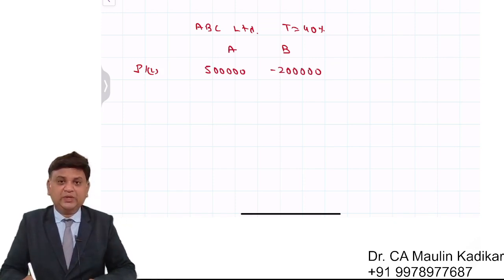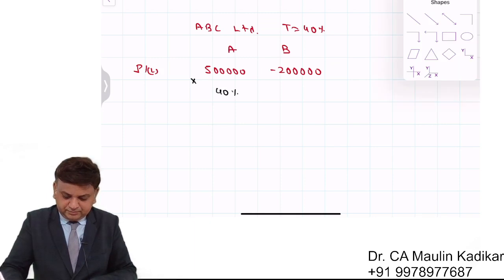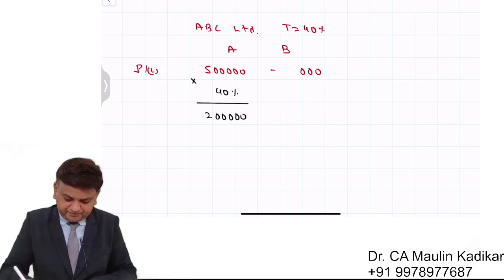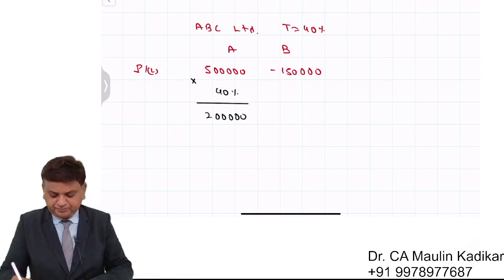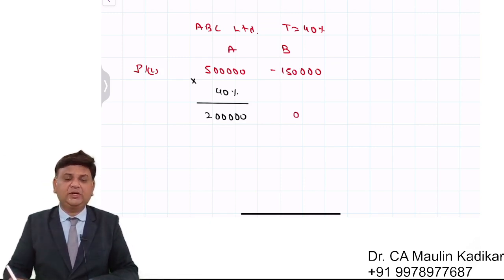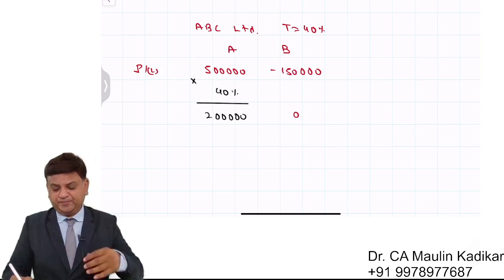Then what is the amount of tax that ABC Limited has to pay? If you think that 5 lakhs into 40%, tax is required to be paid of 2 lakhs for A, and let us say I am taking 1,50,000 and you don't have to pay any tax for manufacturing of product B, then it is not like that.